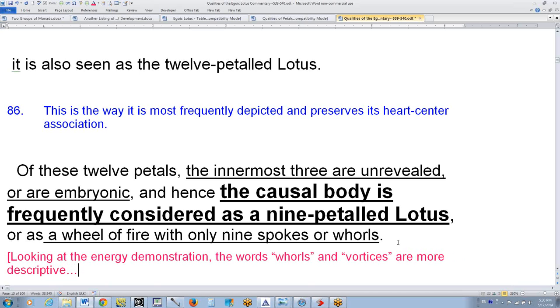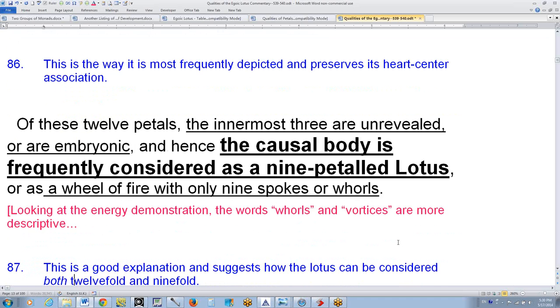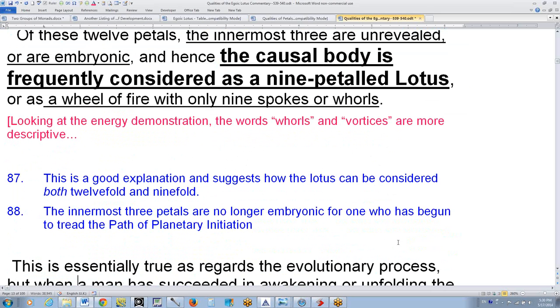I think so. So this is a very good explanation, and it shows how the lotus can be considered both 12-fold and 9-fold, and we need to keep this in mind.